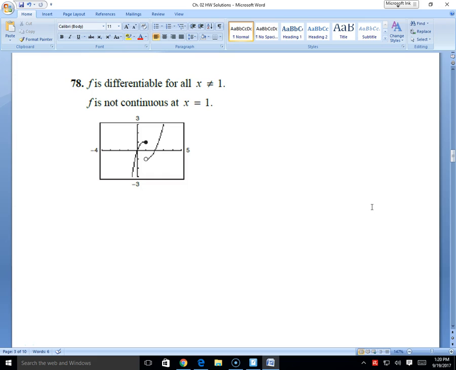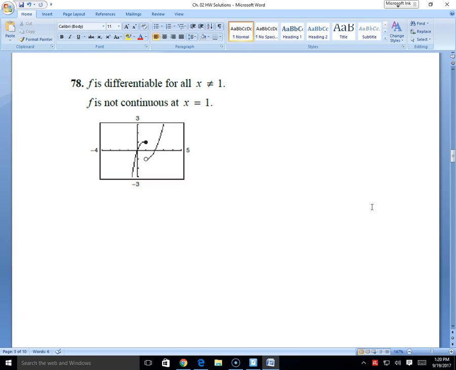This one is a piecewise function, true? I think, wasn't it piecewise? Yes, it was. Do the slopes agree as you come in towards 1?